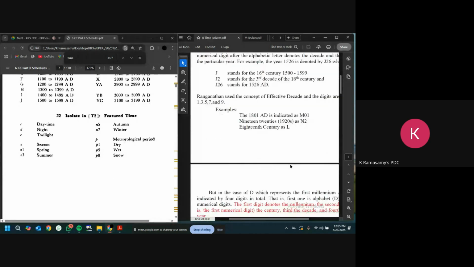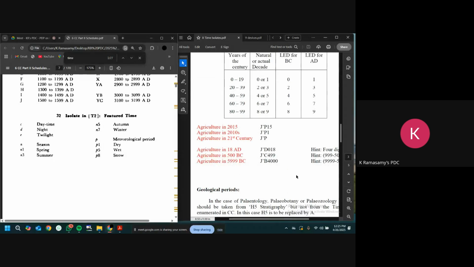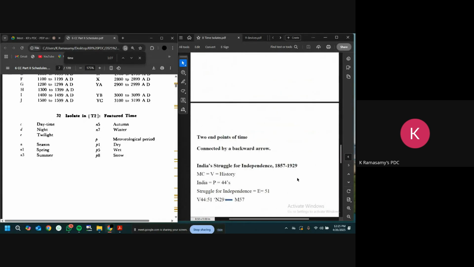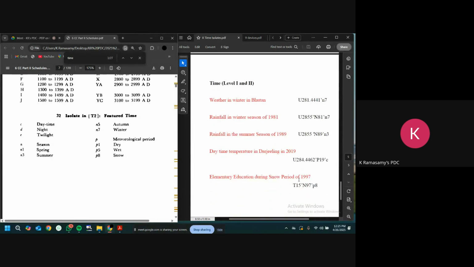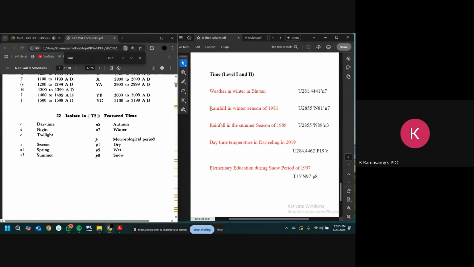Fine. I'll just give an example for this. You can see here, weather in winter, I'll take this. Rainfall in winter season of 1981. Rainfall, we know the answer. For last exercise, we found out U2855. What is the number for 1981? What is the number for winter season?